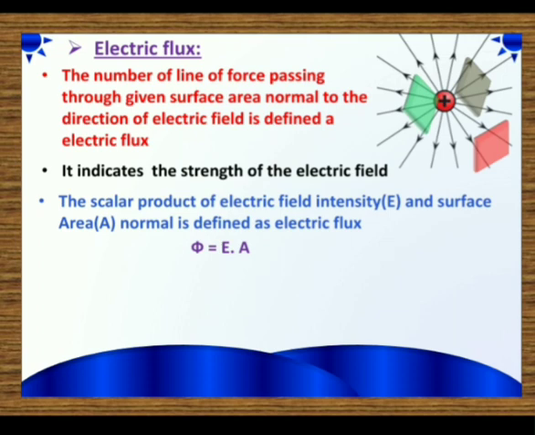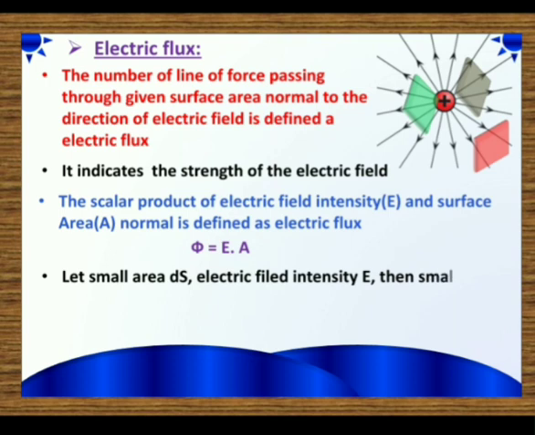Flux is indicated with phi. Mathematically, it is written as E dot A, the dot product of electric field intensity and surface area. Suppose I take a small area ds, then my electric flux d phi can be written as d phi is equal to E dot ds.